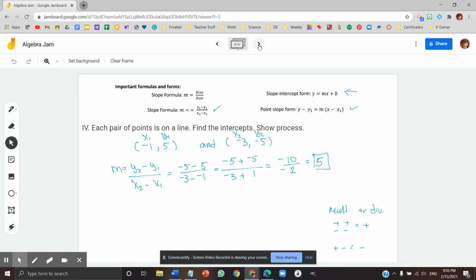Now I have a point, I have a slope. I can use the point slope form. Do this in another color. Y minus y1 equals m times x minus x1. What do I have? Well, I do have the slope.